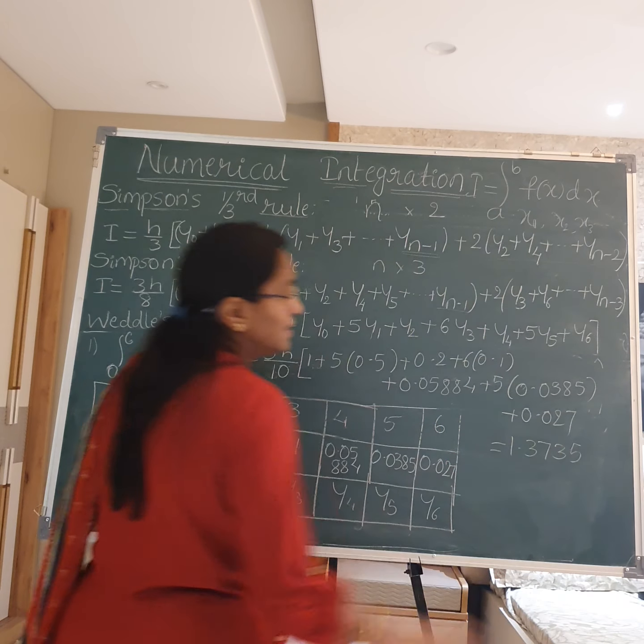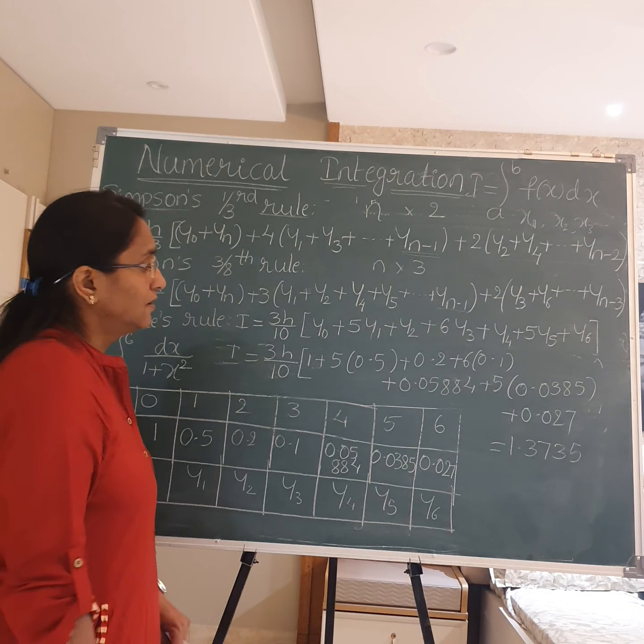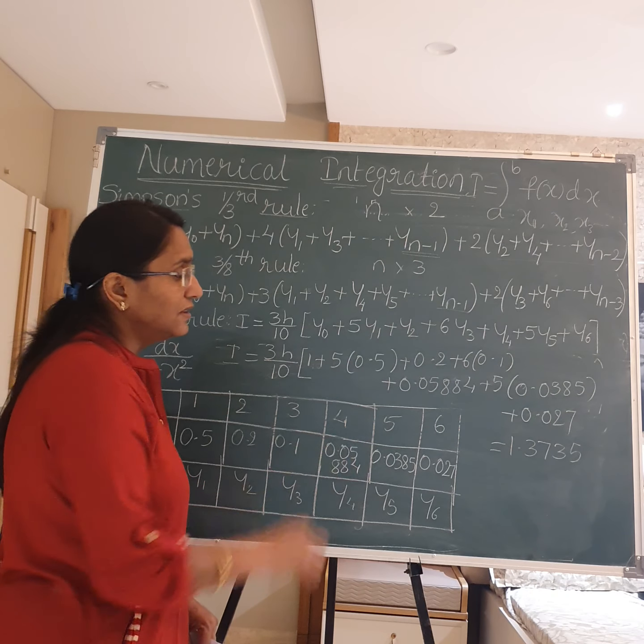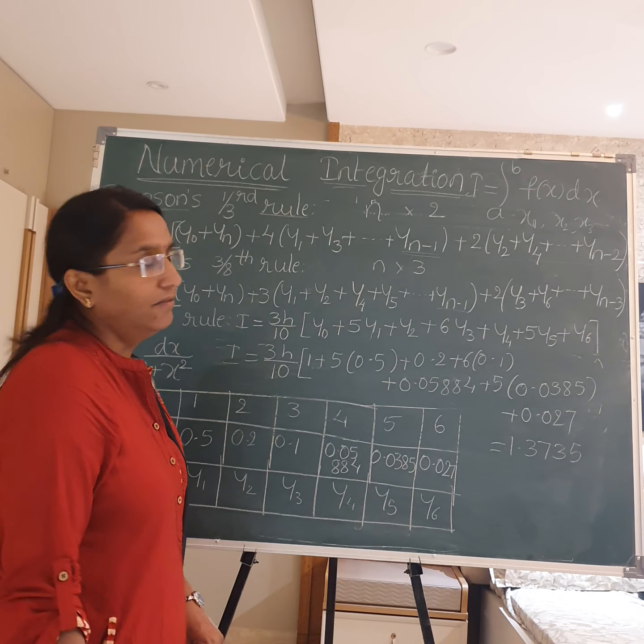Actually Weddle's rule is a more accurate method. By using this we will get a more accurate value.